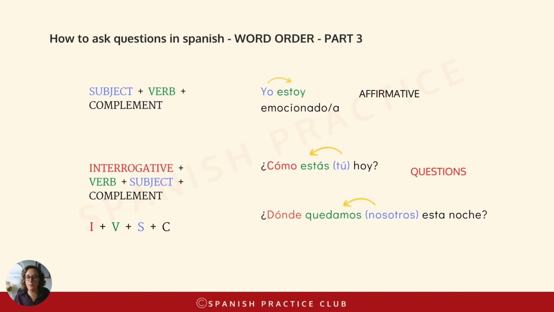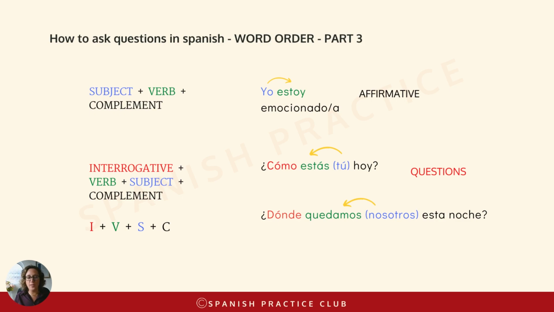So notice how the verb and the subject need to change positions, whether we are using an affirmative sentence or we are using a question, and then followed by the complement. So we have the question, ¿Cómo estás tú hoy? So we've got the 4 elements in there, your interrogative word, your verb, plus the subject, and hoy, which is the complement in this case.